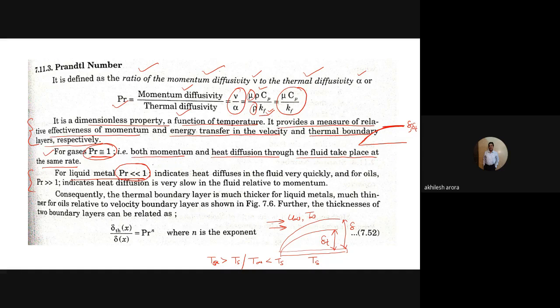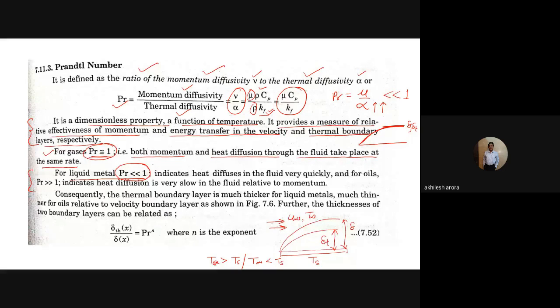So what does it show? When can the Prandtl number be less? Prandtl number is given by nu by alpha. If the value of alpha is very, very large, the value of the Prandtl number will be very, very small than 1. Alpha depends upon the thermal conductivity, so if the thermal conductivity is high, then the value of alpha will also be high.